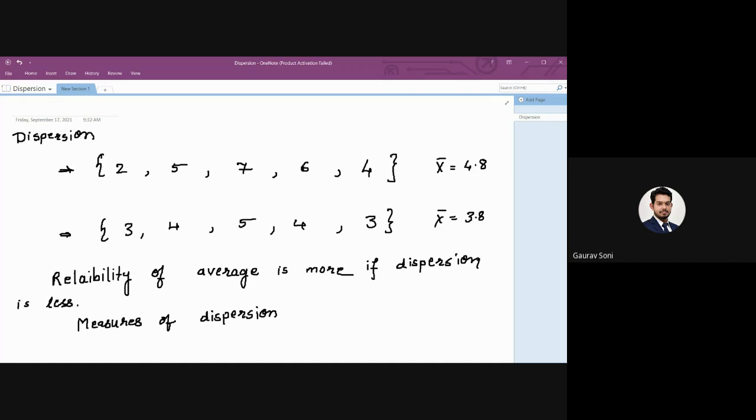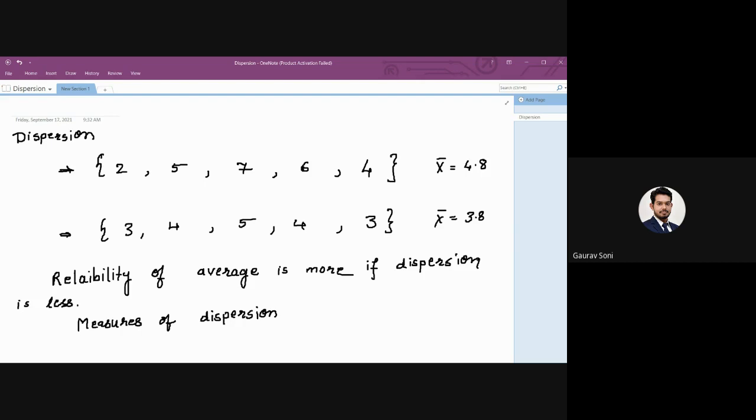Whenever we talk about central tendency, in the previous chapter what we studied was the measures of central tendency, which can be mean, median, mode, harmonic mean, geometric mean, whatever. Now we are going to learn how reliable those central representatives are.